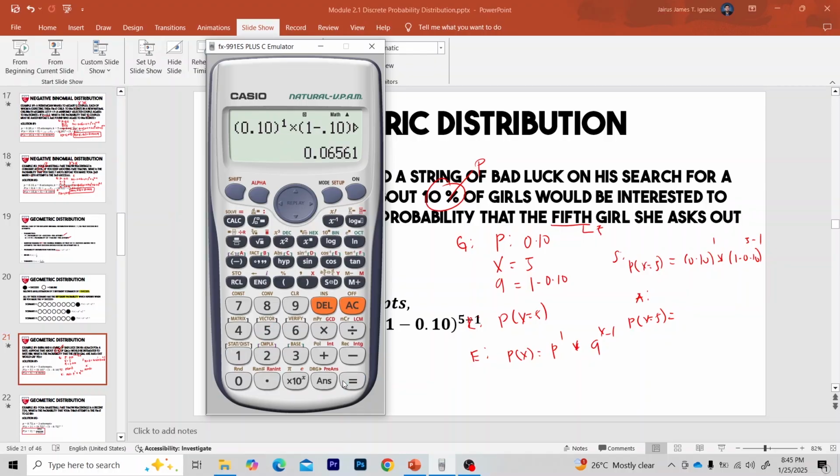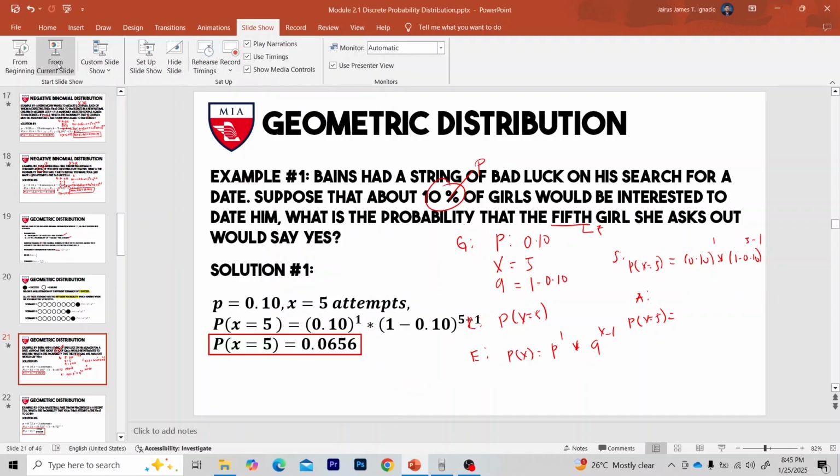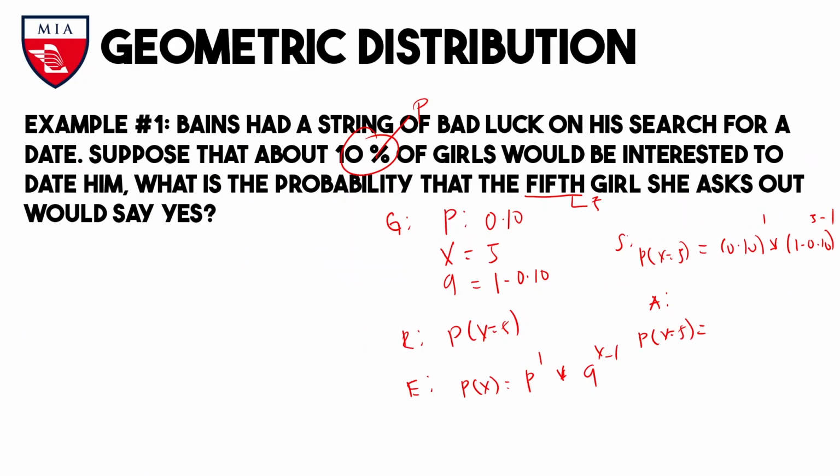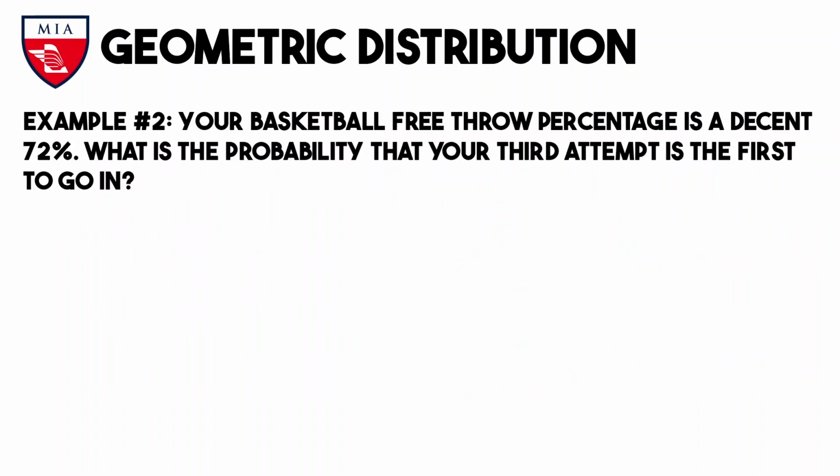So we have an answer of 0.0656. So P(x = 5) is 0.0656. So that's how we answer a certain geometric distribution problem.